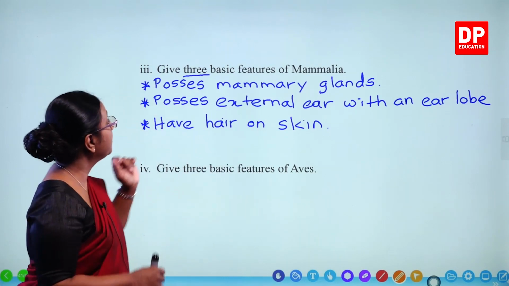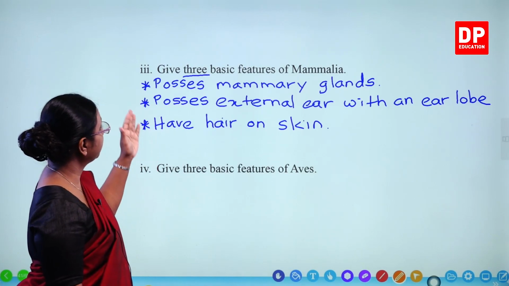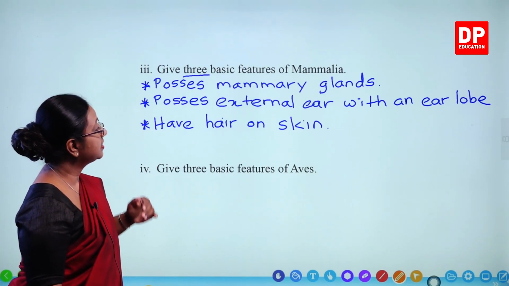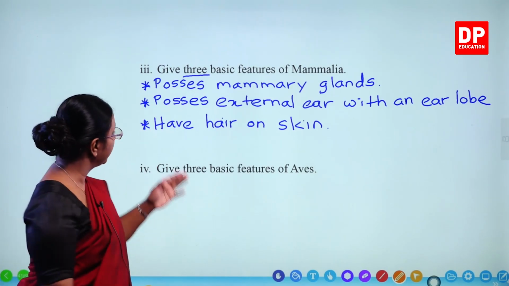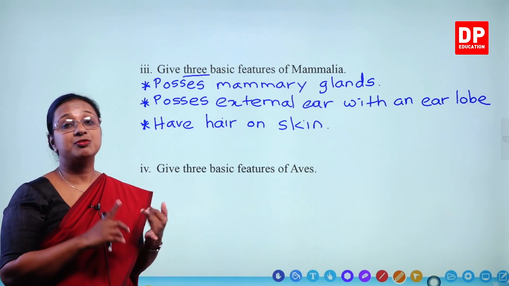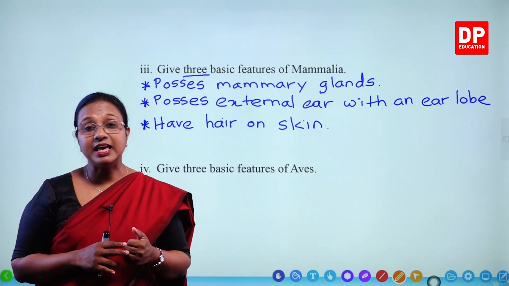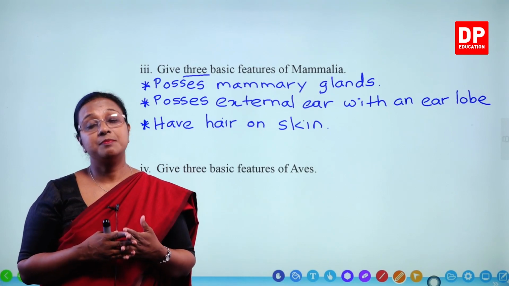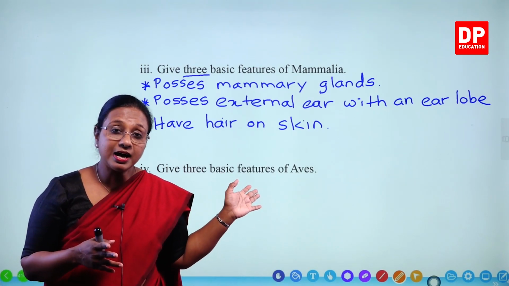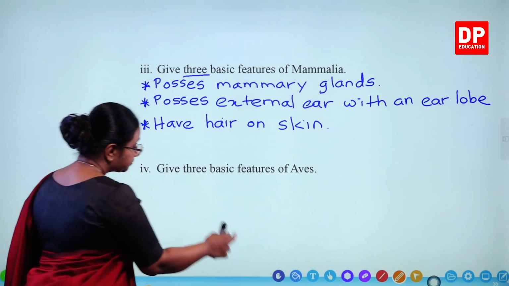All these are basic features of mammalia. So, I have written 3: possess mammary glands, possess external ear with an earlobe, have hair on skin. In addition to that, you can say have sweat glands and have sebaceous glands. Also, they feed on the mother's milk. So, all these are different basic features of mammalia.